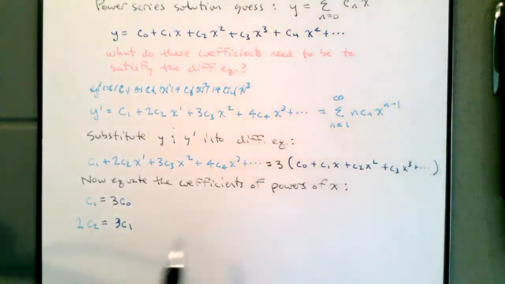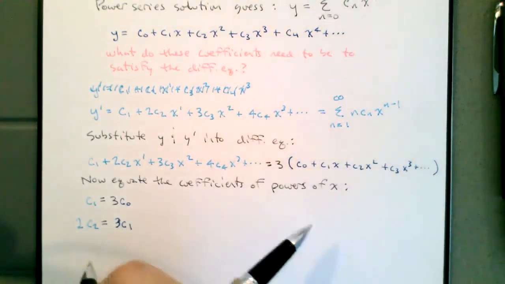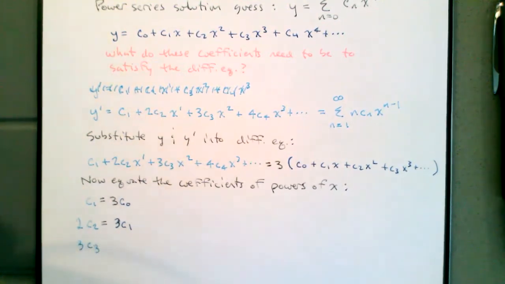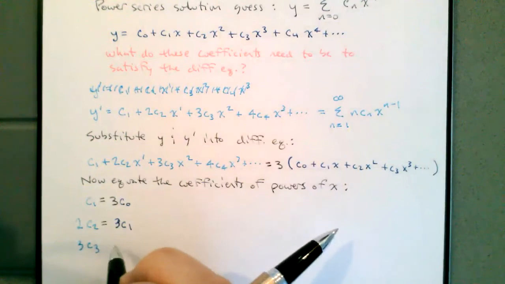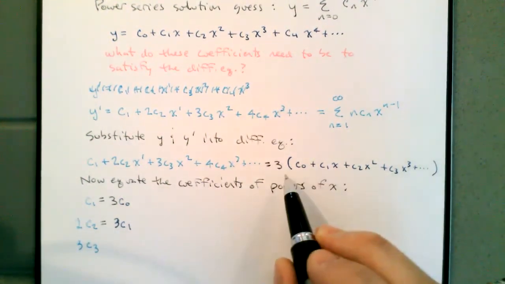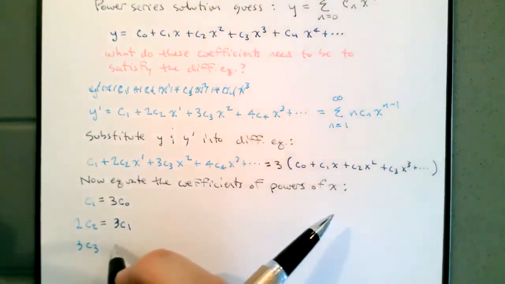The coefficient of x squared on the left is 3c3, and the coefficient of x squared on the right is 3c2.